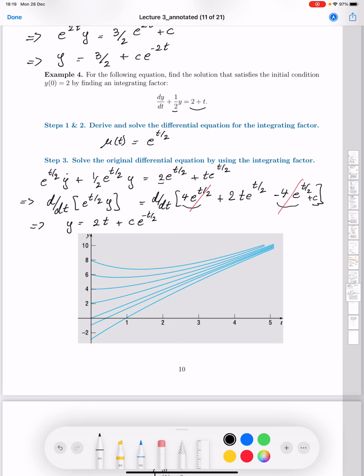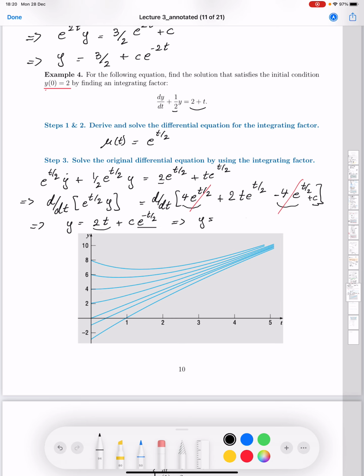Great. Now, the only thing remaining is to use this initial condition, y(0) equal to 2, to get the final solution. So if I put 0 here, this term will be 0, and this will be 1.